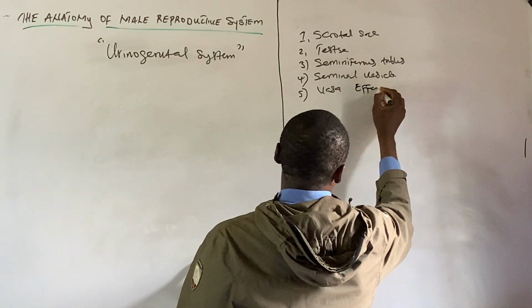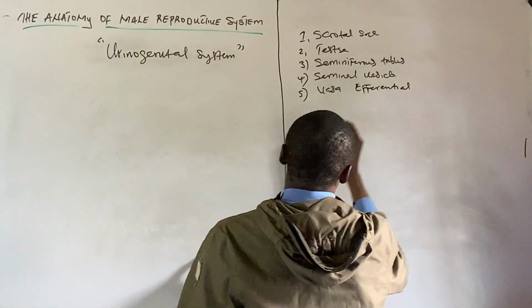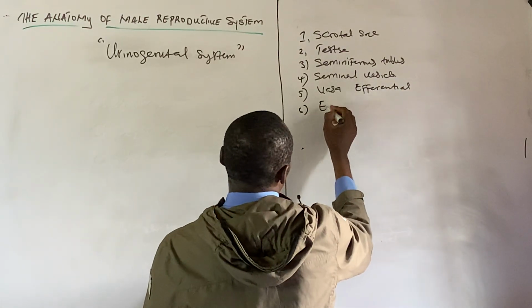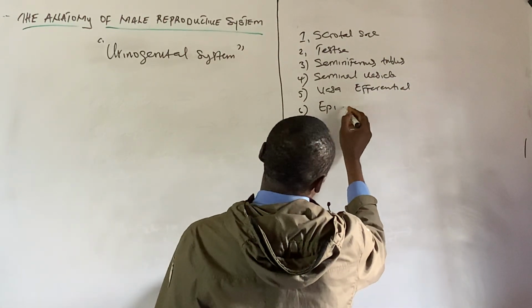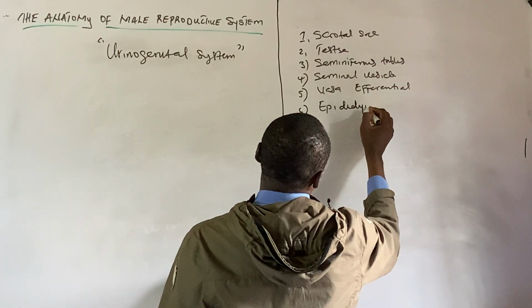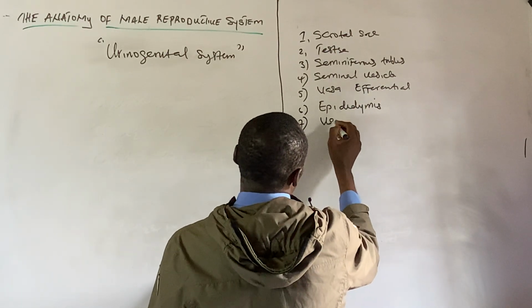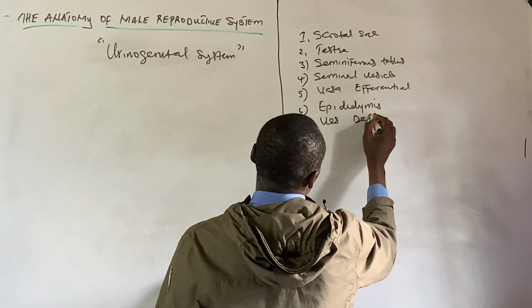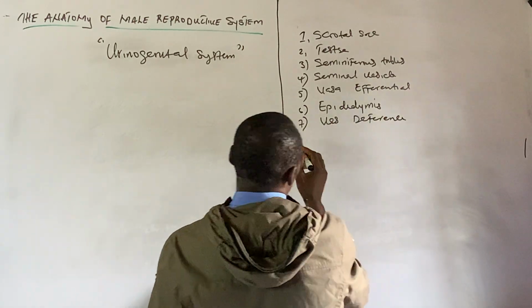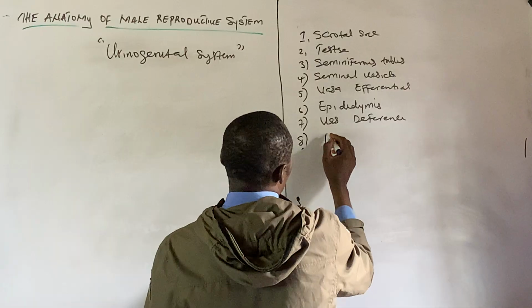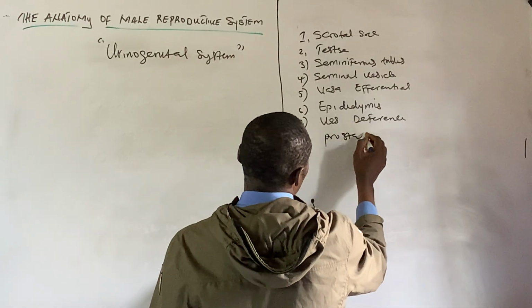The sixth is the epididymis. The seventh is the vas deferens. The eighth is the prostate.